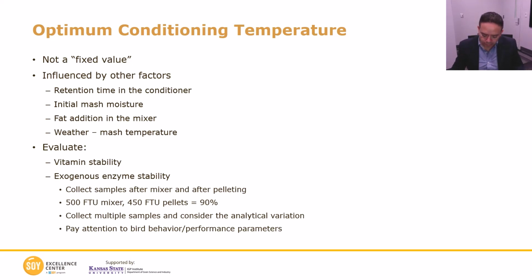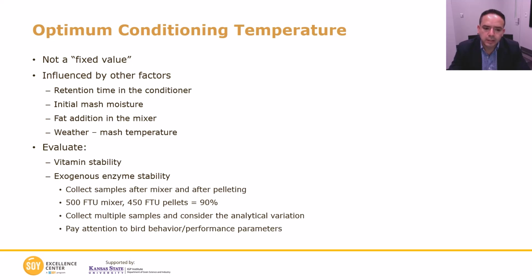However, you need to remember to evaluate the stability of some critical nutrients. For example, when you increase the conditioning temperature more than usual, then you should collect some samples to analyze enzyme stability. Also, you can evaluate vitamin stability. When you are analyzing enzyme stability, what you need to do is collect a sample after the mixer to have a baseline concentration of the enzyme that you are applying.